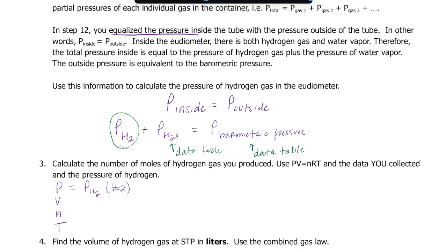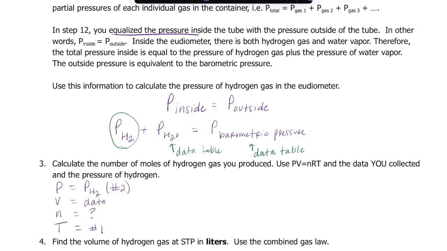Our volume is going to be the number from our data table. And our number of moles, this is what we're trying to calculate, so I'm going to put a question mark there. And our temperature is going to be what you calculated in number 1.